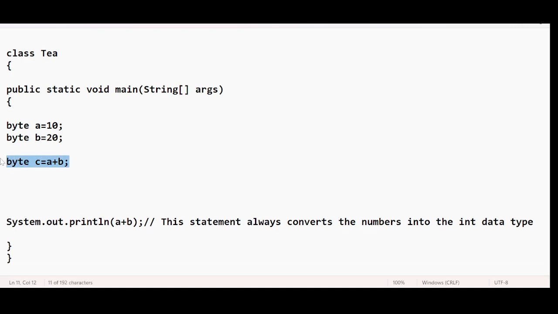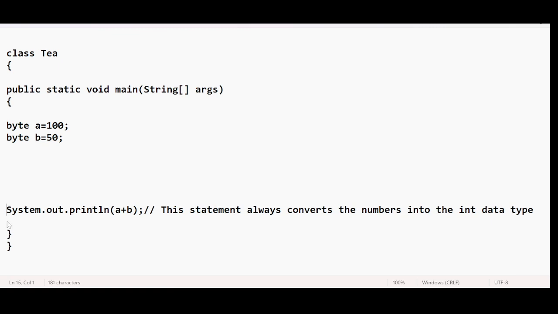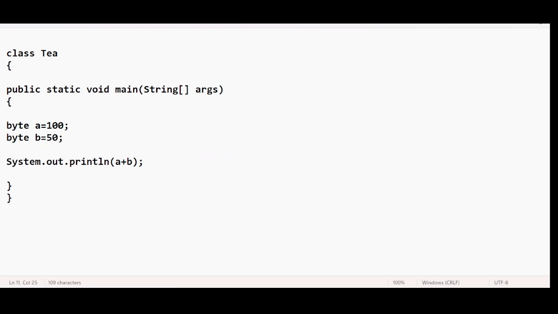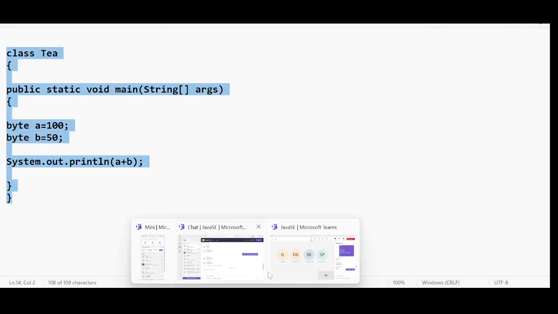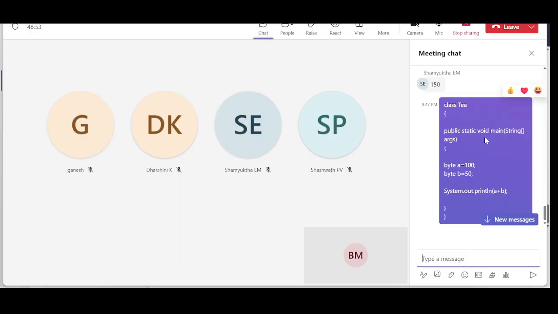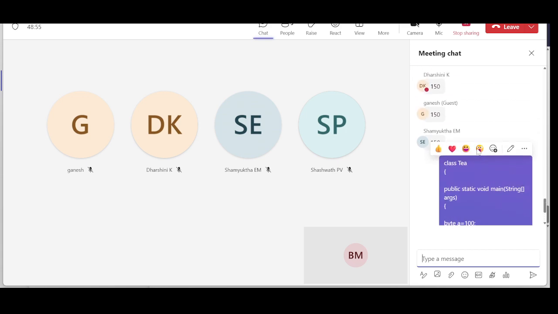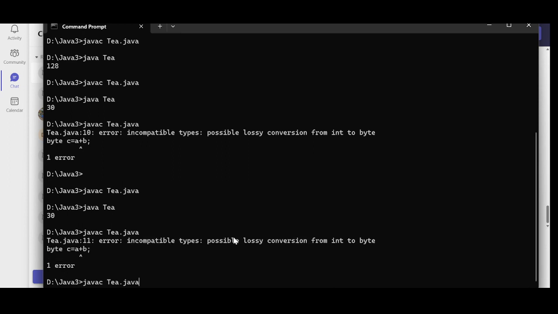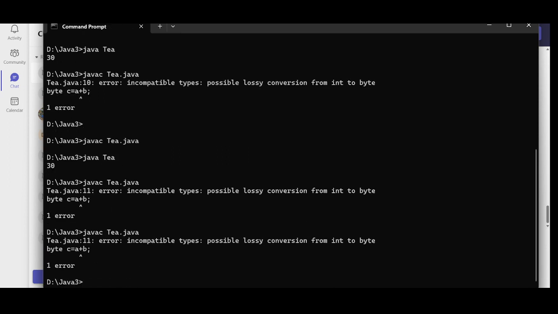Samyukta says 150, 150. Okay, correct. You understood. Let us test this. One minute.